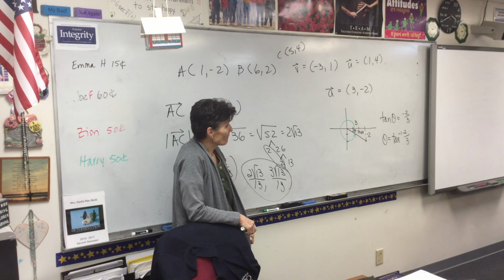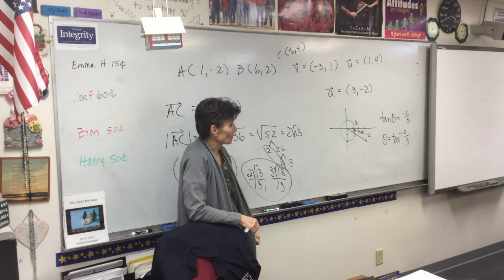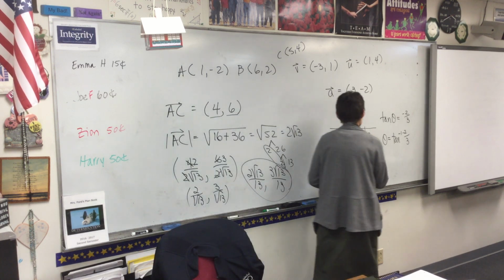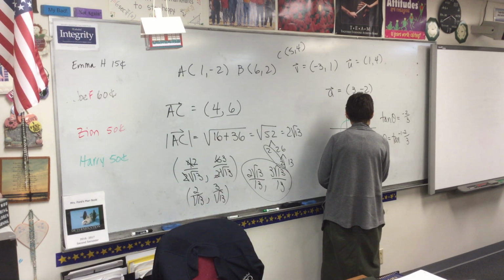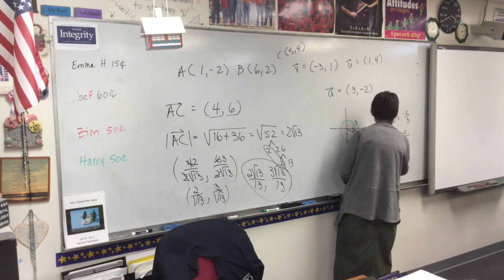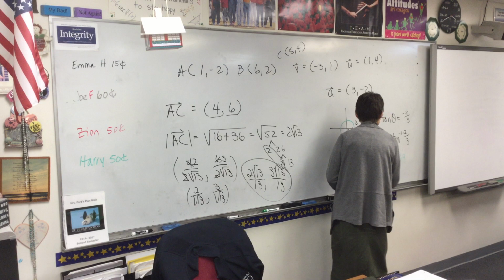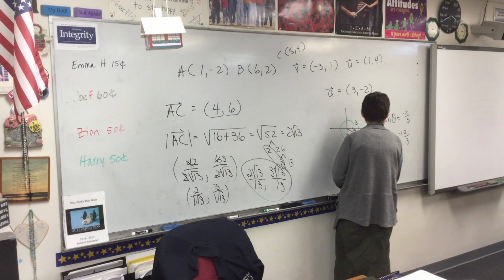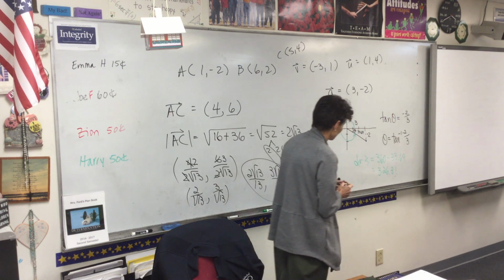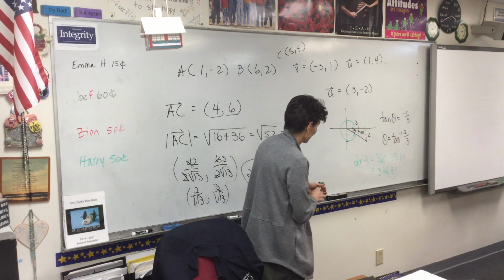So how am I going to find the actual answer? Subtract from 360. So the actual direction angle is 360 minus 33.69, which is what? Help me out. 326.31. Is that right?